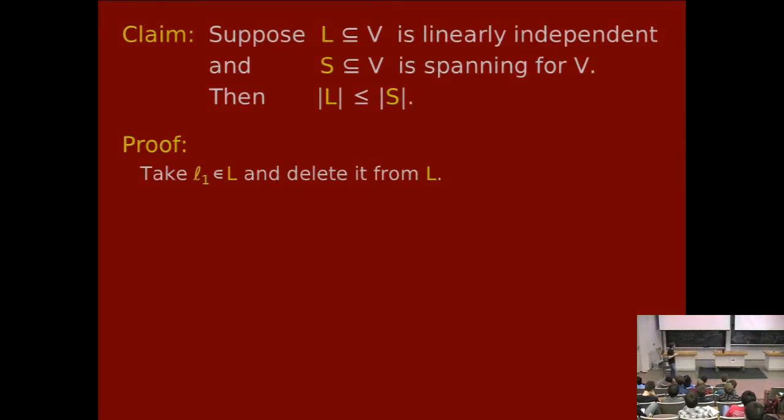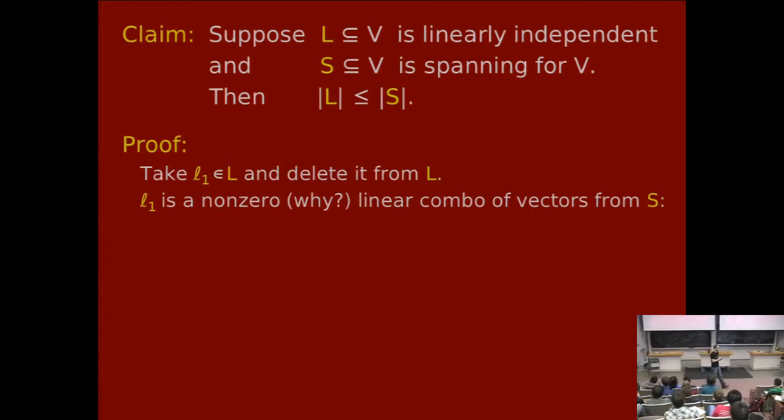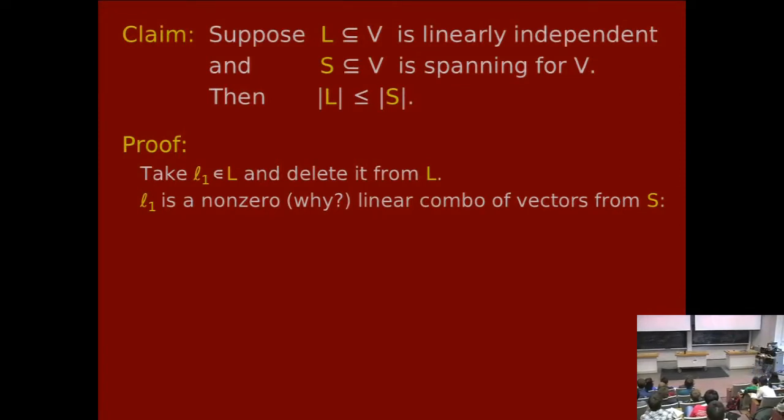So I'm going to say, take any vector called L1 in the set L and delete it. And furthermore, L1 is a linear combination of the vectors in S. Why is that? Why is L1 a linear combination of the vectors in S?